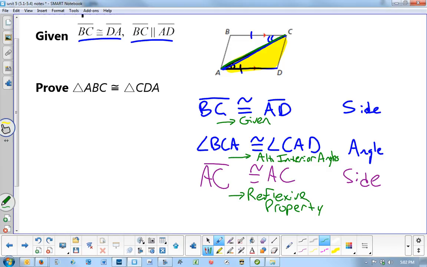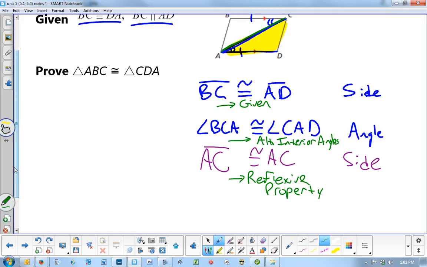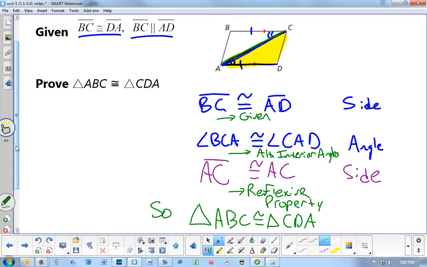It absolutely is. Okay, we've got our side, we've got our angle, we've got our side, okay? And so that's enough. So the triangles, let's write a congruent statement. Triangle ABC is congruent to triangle CDA. And we've got to make sure those are in the right order, and they are because we were given those, okay? All right, so there's a proof.